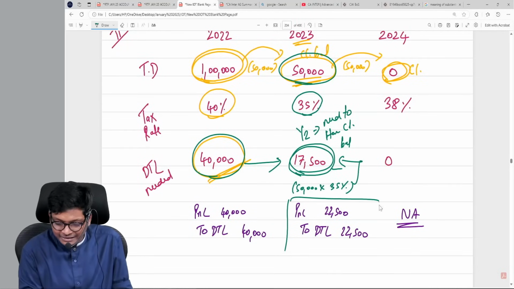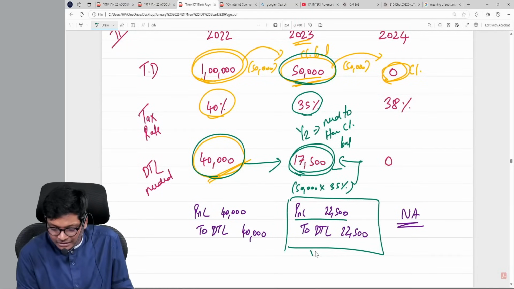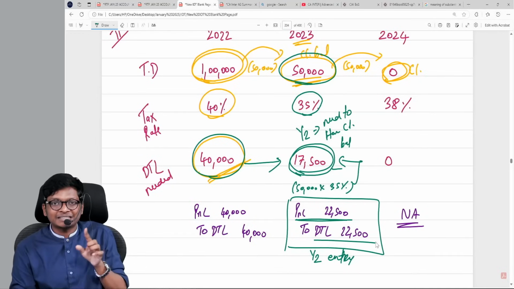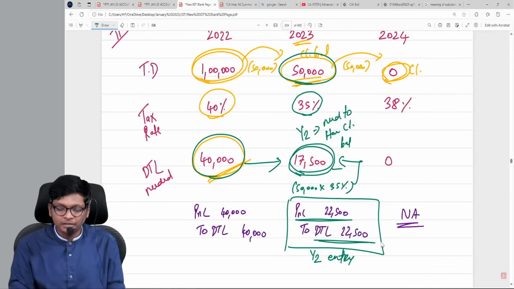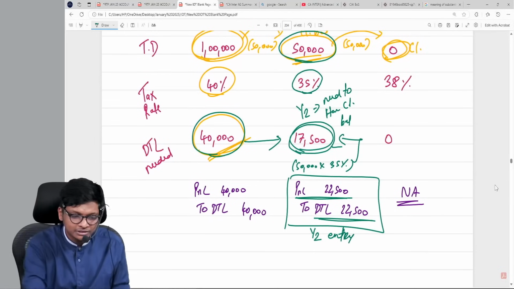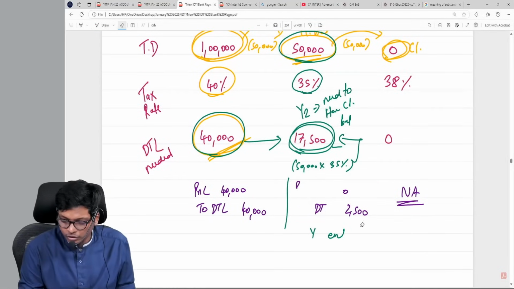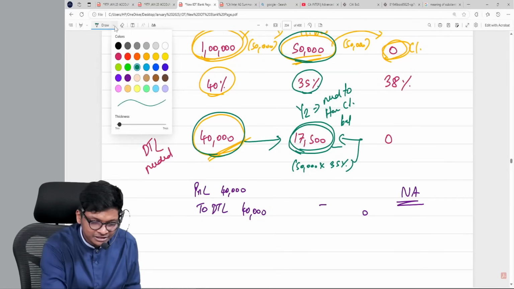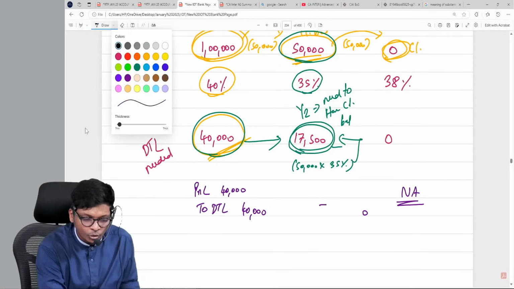Come back over here. Look at the entry in year 2. Year 2 entry will be P&L account debit 22,500 to deferred tax liability 22,500. Are you following, guys? Is this the correct entry? No. This is again creating for 22,500. My reversal means, I'm just checking if you guys are attentive, noticing here, guys.